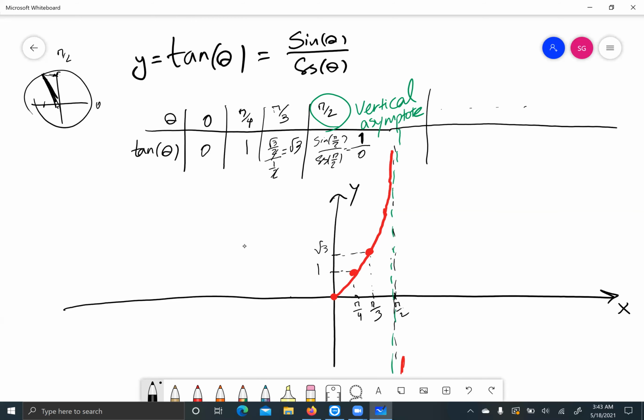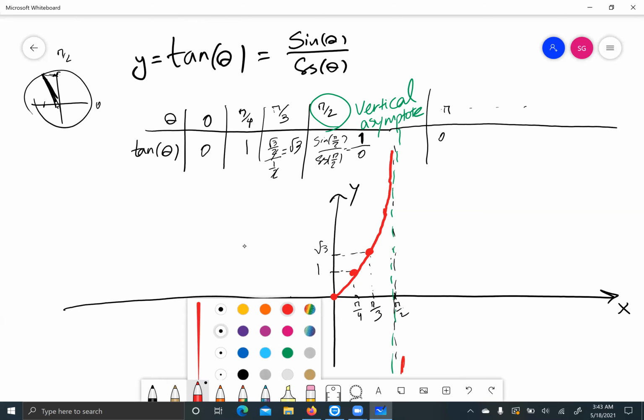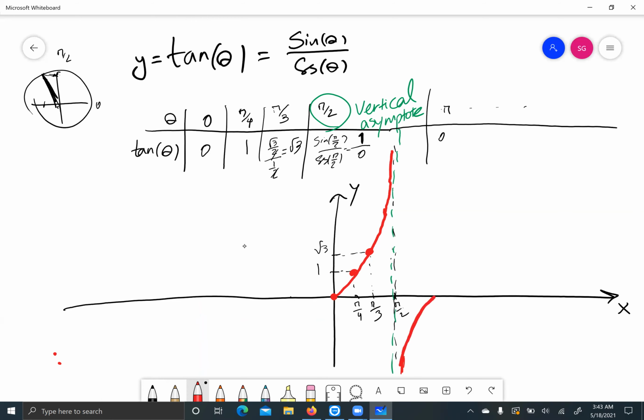Okay, so I'm also going to try pi. At pi, sine is 0, so tangent reaches 0. So your graph is going to be something like this, coming up to pi. After pi, the values get larger and larger.